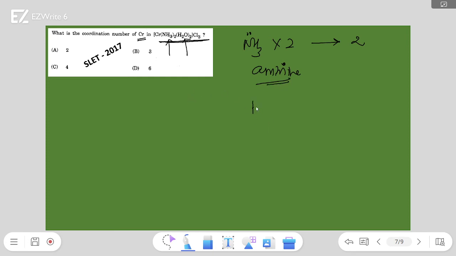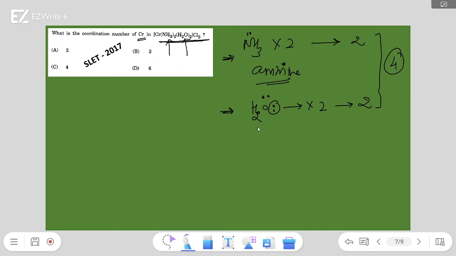H2O, although it has two lone pairs, ligand chemistry is a directional chemistry, so only one pair will participate, and hence it is also a unidentate ligand. So again 2, and the sum of these two is 4.